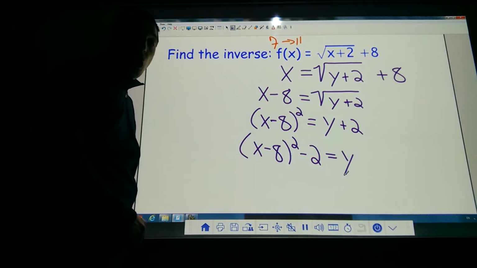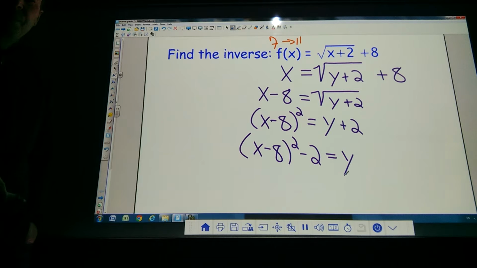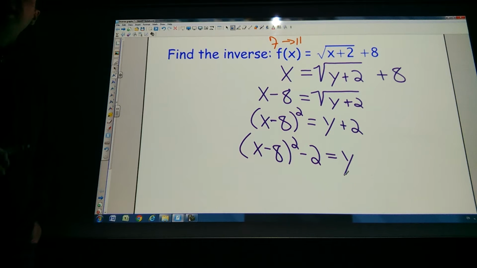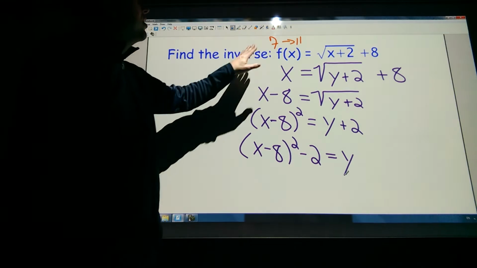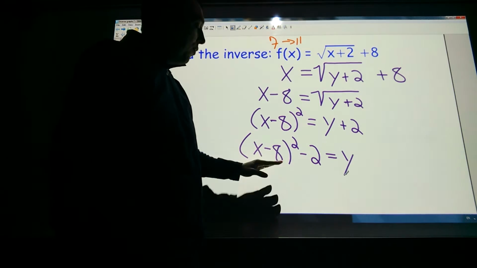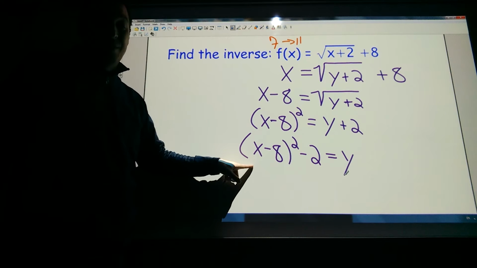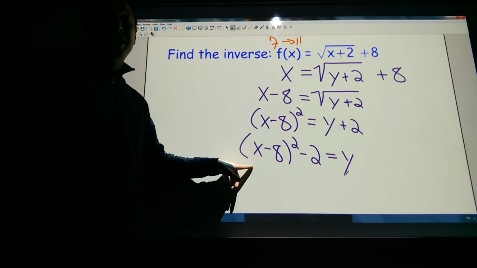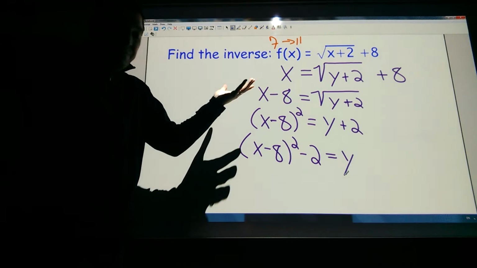So this was the homework problems that you did yesterday. Switch x and y, solve for y. Problem done. Though just for fun, to show you that it is an inverse, remember when we plugged in 7, we got 11? So hopefully if I plug in 11 into here, I should get 7. So let's find out.